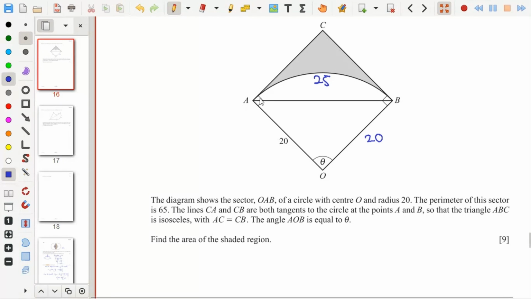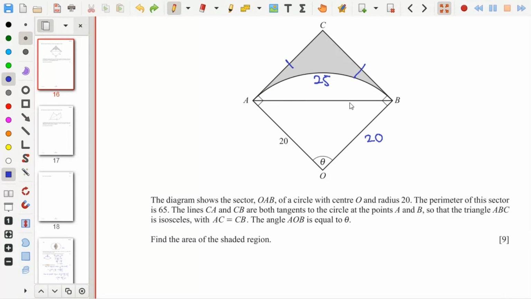So they could have chosen not to have given you the angles A and B. The triangle ABC is isosceles, so the length here is the same as the length here. AC and CB are equal in length, because isosceles, so the base angles will be the same. All right, understandable.